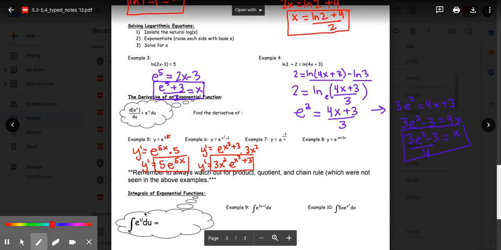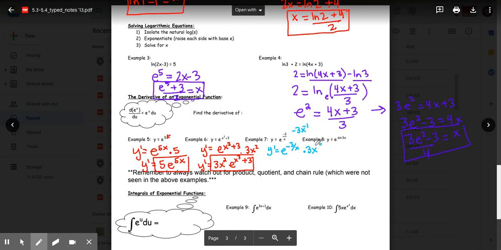Okay. Next one. Leave it the same. So e to the negative 3 over x times the derivative of the power. Now you have to be careful here. So the power, when you rewrite it, is negative 3x to the negative first. Be careful deriving that. So the negative 1 comes out in front. Negative 1 times negative 3 is positive 3. X to what power?